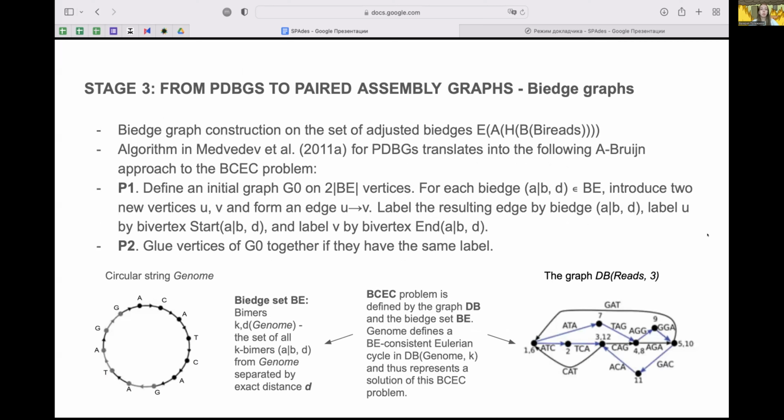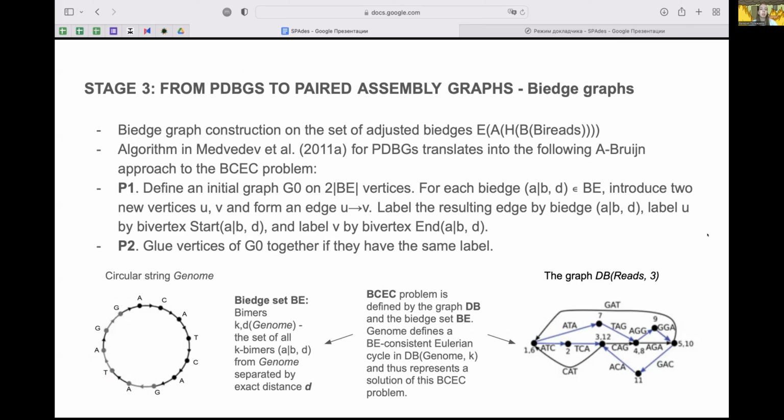So how do we find it? We first need to construct a BH graph on a set of adjusted BHs. So we use some algorithms, and to construct it, we define an initial graph G0 with two vertices for each BH. Introduce two new vertices U and V, and an edge from U to V. Label the resulting edge by BH, label U by vertex start, and V by end.